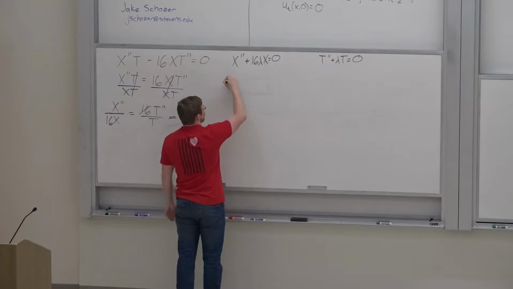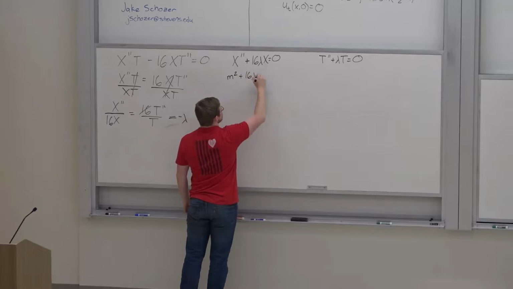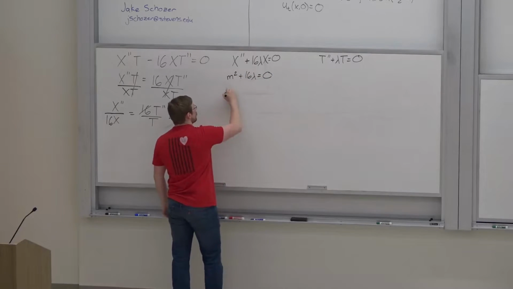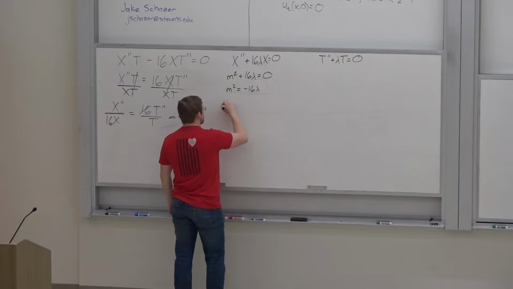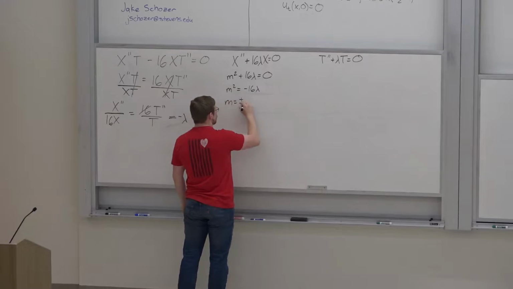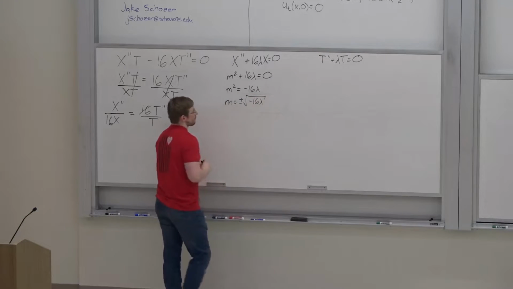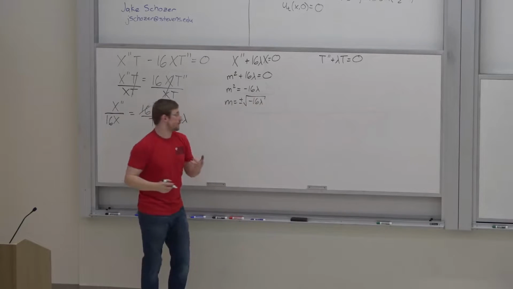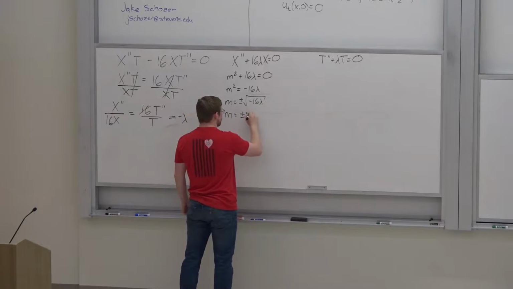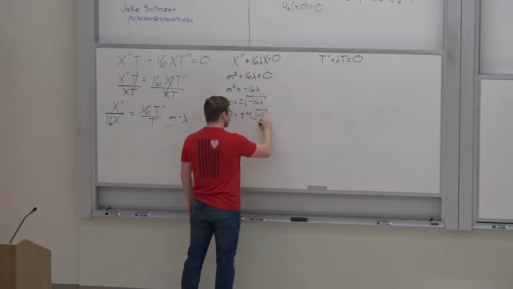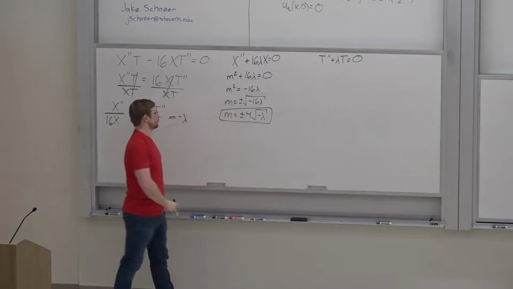So it's going to be our auxiliary equation of m squared plus 16 lambda is equal to 0, which means m squared is equal to negative 16 lambda, which means m is equal to plus or minus the square root of negative 16 lambda. And I can actually pull out a square root of 16. So I have m is equal to plus or minus 4 times the square root of negative lambda. Cool.